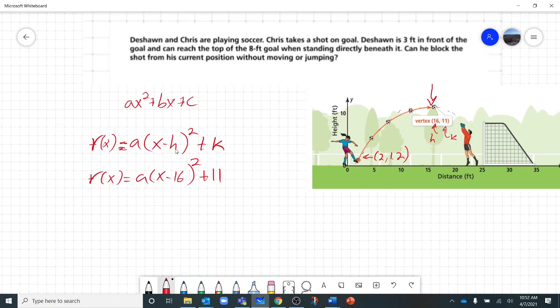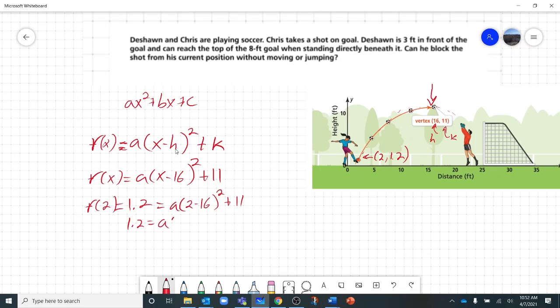If we plug that in, then f of 2 is equal to 1.2. And so 1.2 is equal to a times (2 minus 16) squared plus 11. Just do some algebra here. Let's do parentheses first. We'll go ahead and follow PEMDAS.